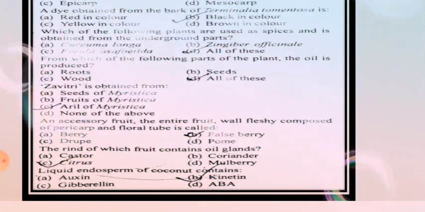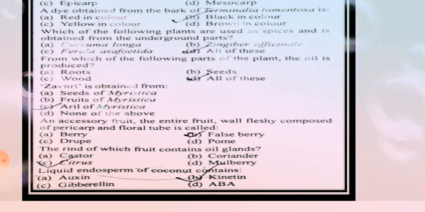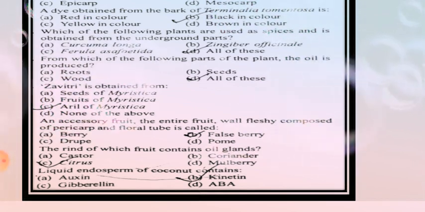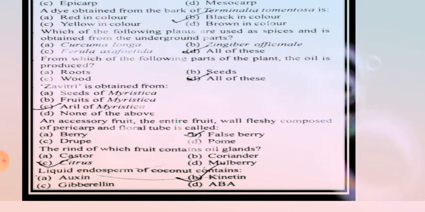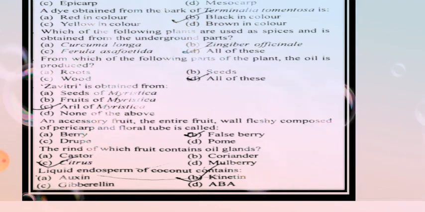The rind of which fruit contains oil glands? The options are castor, coriander, citrus, mulberry. So the third one, citrus, is correct: the rind of the citrus fruit contains oil glands. So option C is the correct answer.